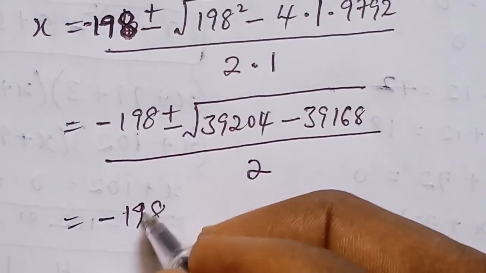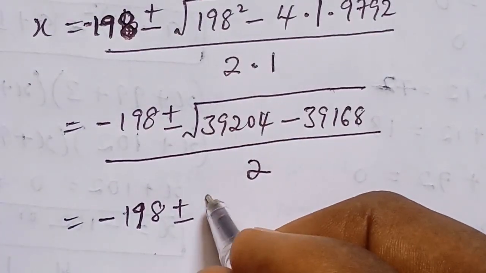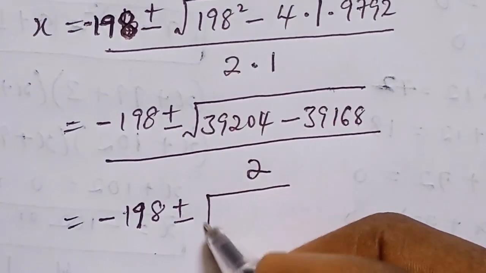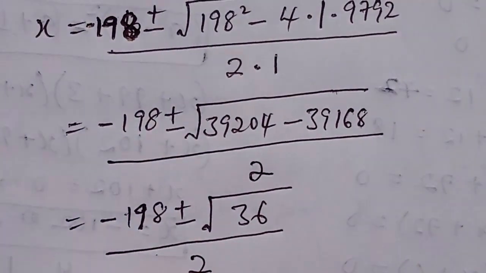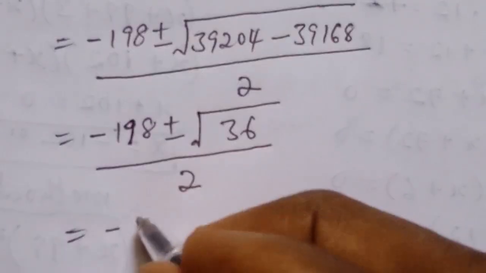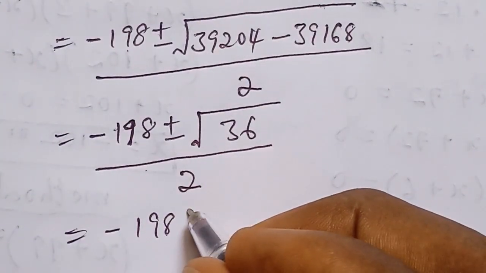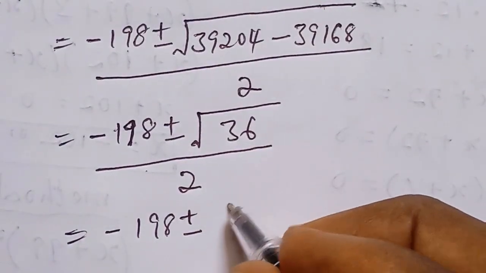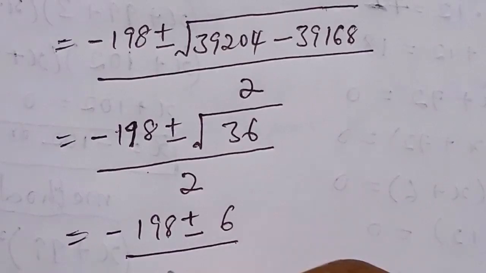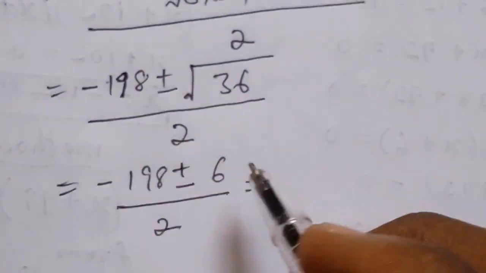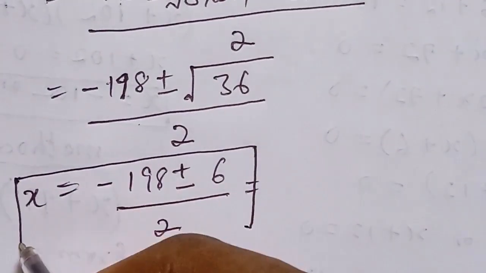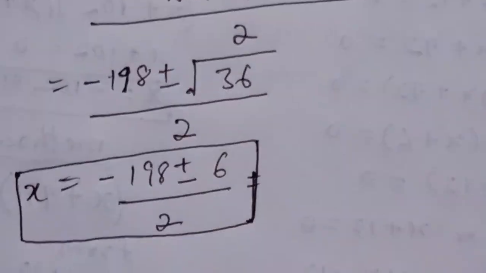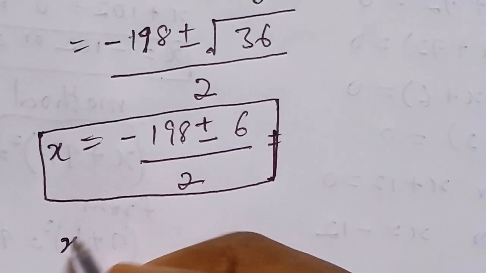This gives us minus 198 plus or minus, so if we subtract what we have over here, that will give us 36 over 2, and this is equal to minus 198 plus or minus square root of 36, which is 6, over 2, and this is equal to x. So this is the value of x.